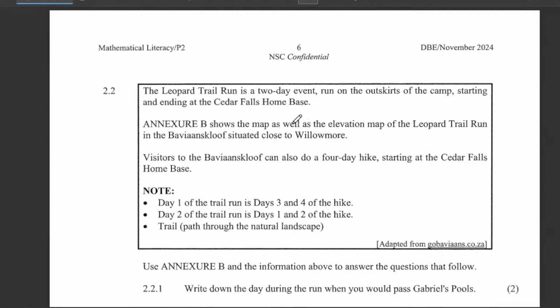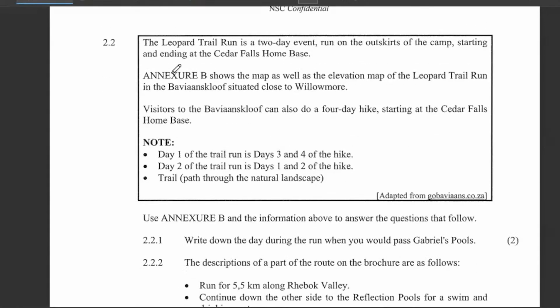2.2. The Leopard Trail run is a two-day event run on the outskirts of the camp, starting and ending at Caldera Falls home base. Annexure B shows the map as well as the elevation map of the Leopard Trail closest to Wilmore.